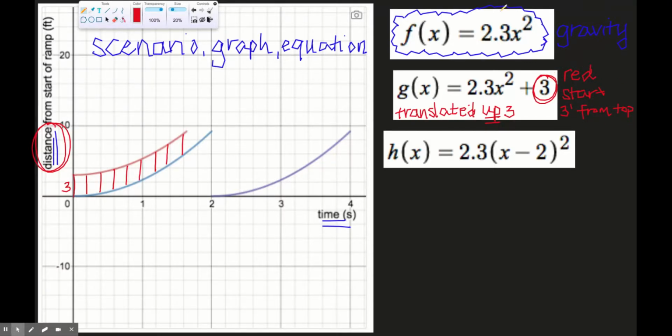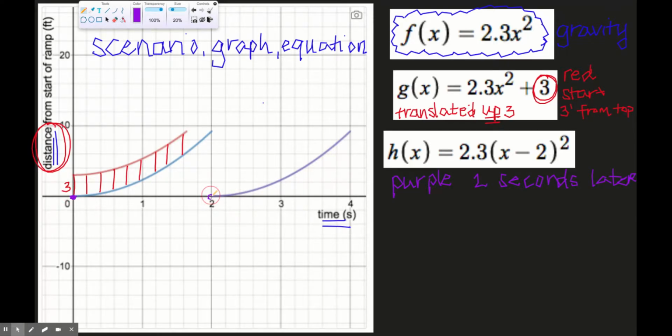Now, if we look at the purple ball, again you can go back and watch the video. I dropped it 2 seconds after I dropped the other balls. The blue ball starts at 0.